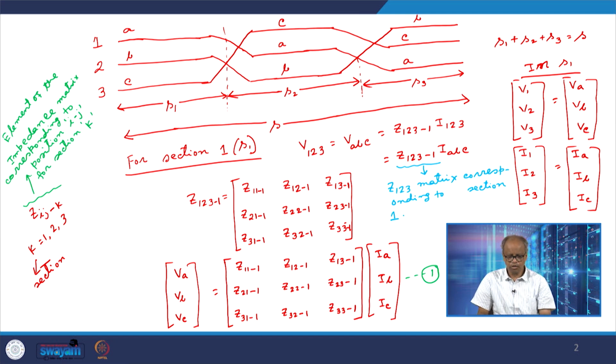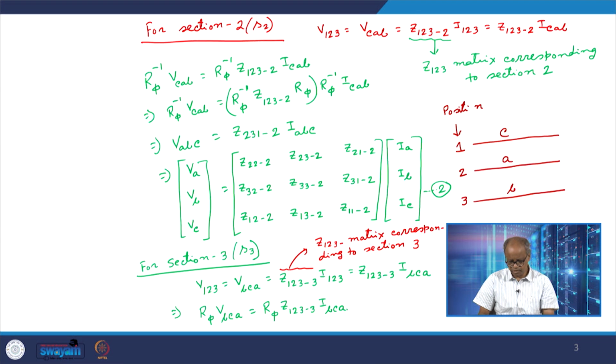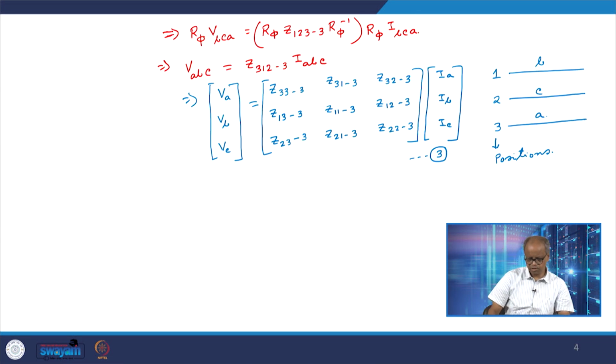Therefore, to find the total voltage drop in the entire length of this line, we have to add these 3 voltages and then let us see what happens. So adding 1, 2 and 3.